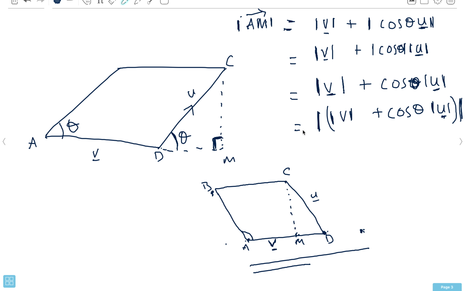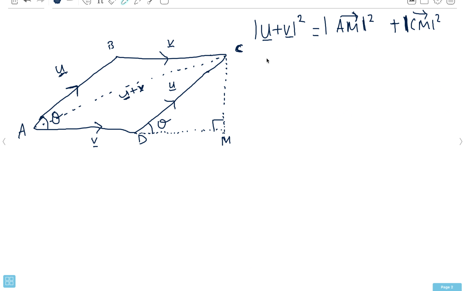Okay, I hope that was clear enough. So let's go back. We now have what AM is equal to, so it's mod V plus CM.